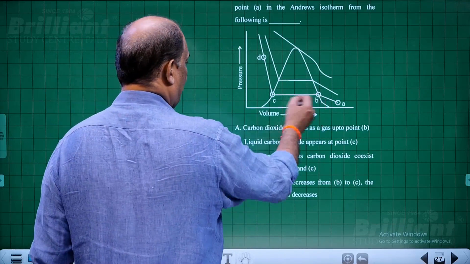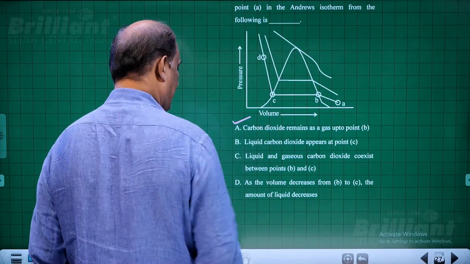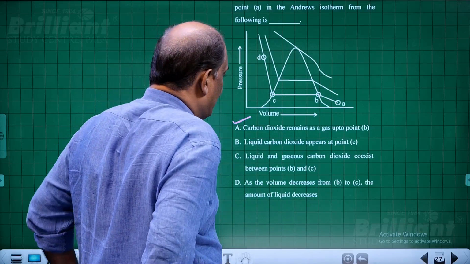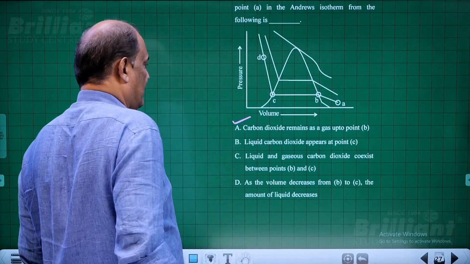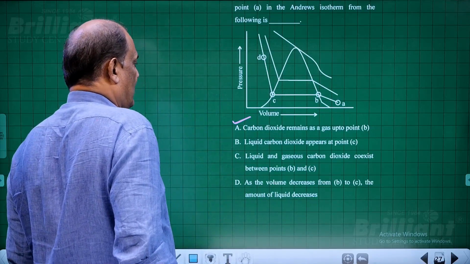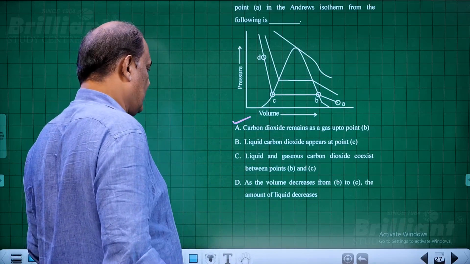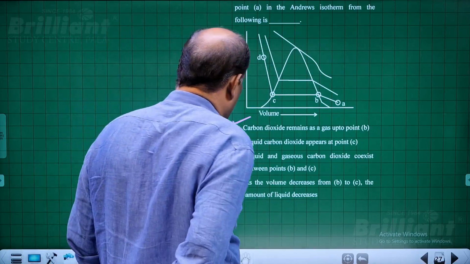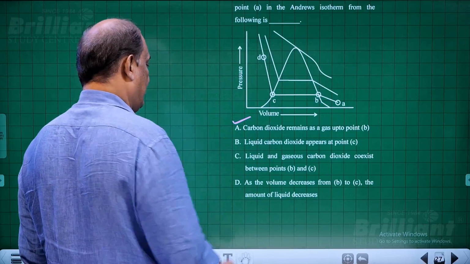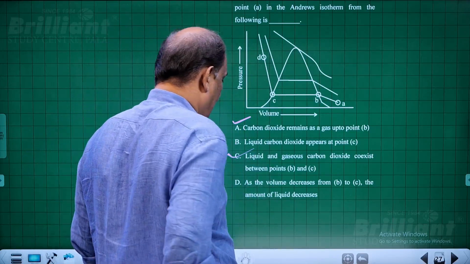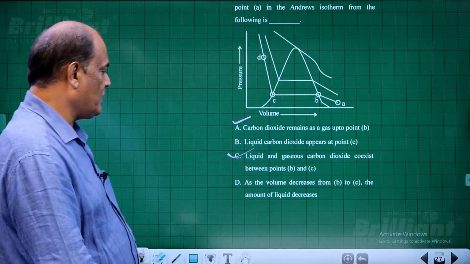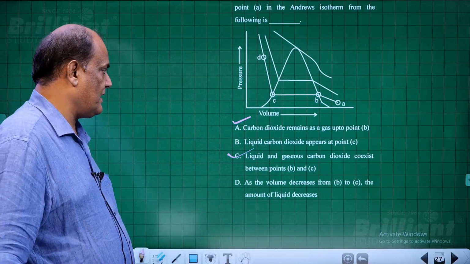Up to here, up to B, correct. Liquid carbon dioxide appears at point C, that is not correct. Liquid and gaseous carbon dioxide coexist between points B and C. These are correct.